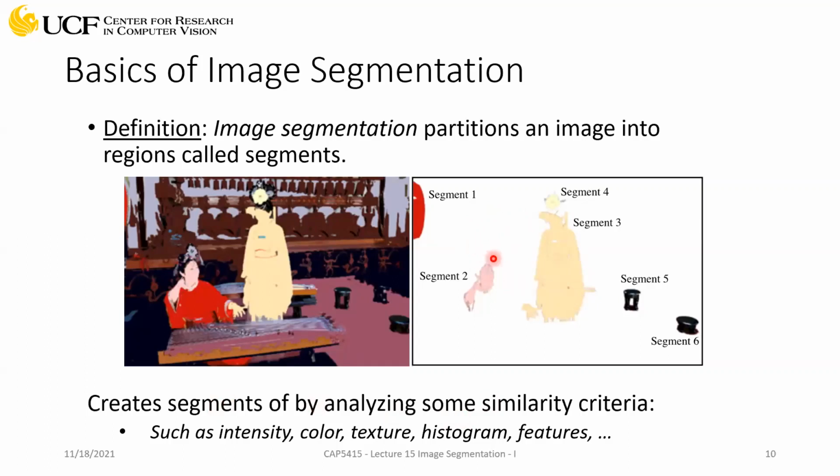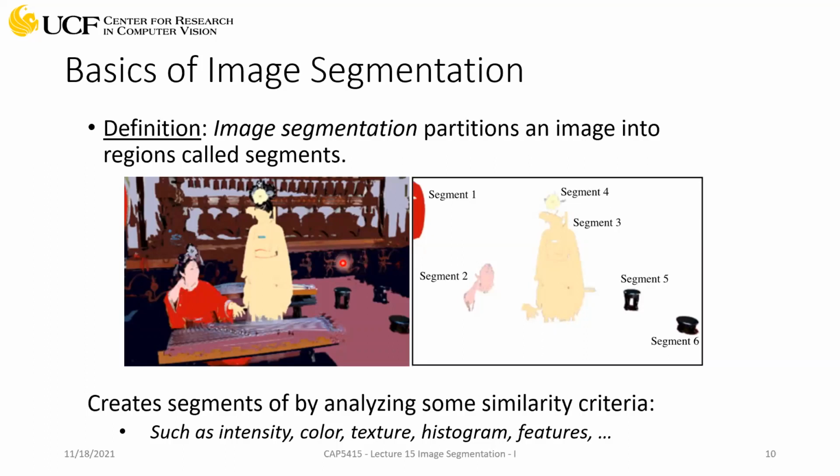Okay. So when we are creating these segments, the question is how to actually obtain those segments. Most of the algorithms perform pixel level analysis and use some kind of similarity criteria. This similarity criteria could be as simple as pixel intensity. If you're considering a pixel at this location, you will consider the pixel intensity of the neighborhood.